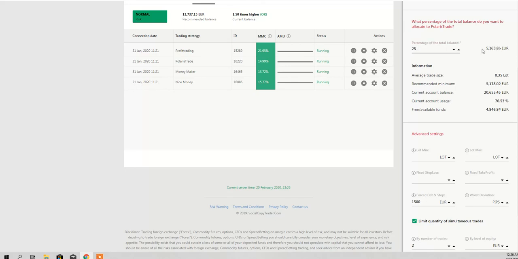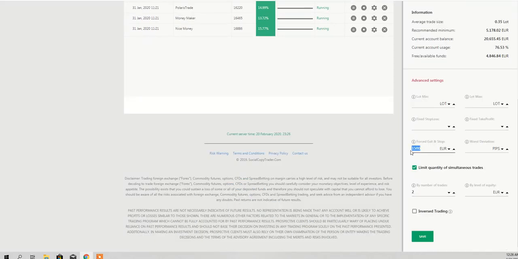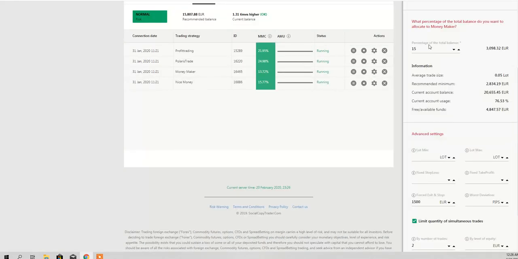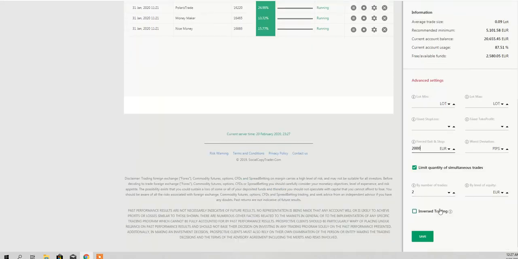We give them an equal allocation. At 25%, we have absolutely no issues with the required minimums to trade each of these accounts. We went through each one individually. We'll put this to 2,000. Limit quantity trades, we leave the same. Save. $2,000.